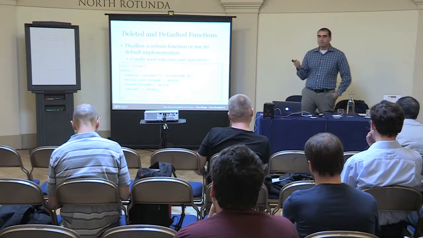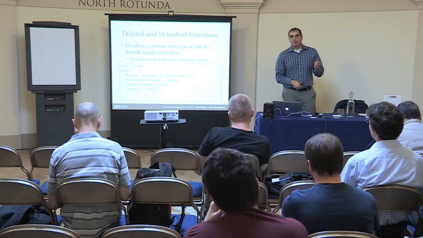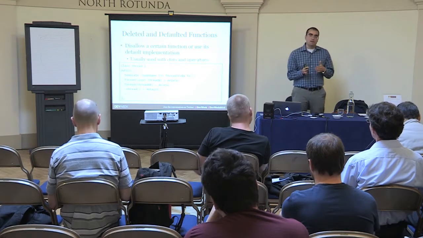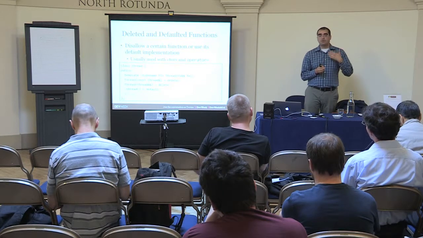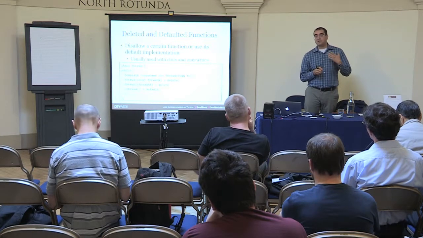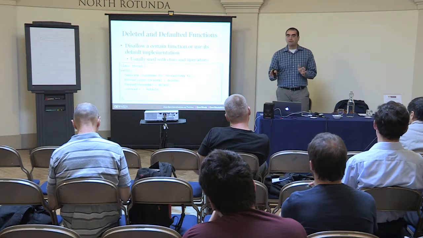there is a feature called deleted and defaulted functions, which is syntax you can use to say this function does not exist. It is useful for functions generated by default by the compiler, like constructors and assignment operators and destructors. You can say this class should not have a destructor.